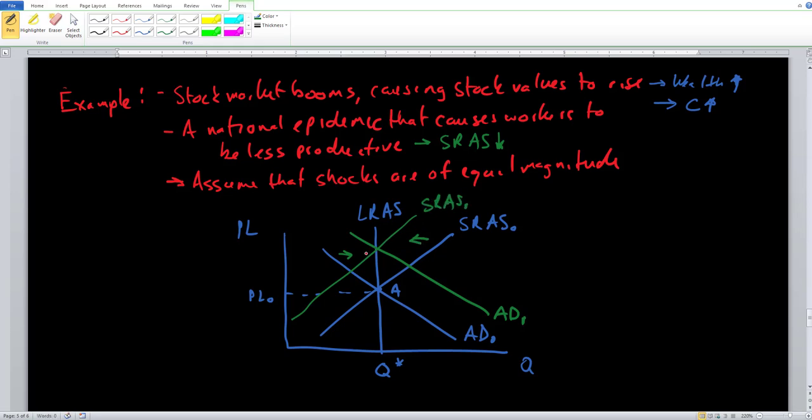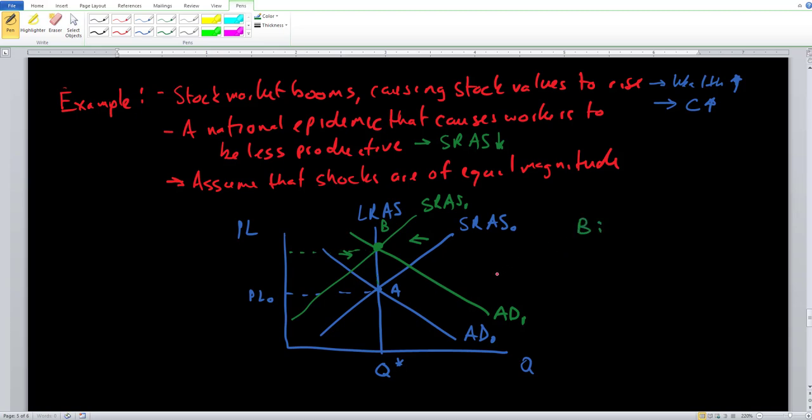SRAS1. And where is our new intersection going to lie when both of these shifts happen at the same exact time? Our new intersection point is going to be where these green lines and this blue line meet, so SRAS1, AD1, the curve that we just drew out, and the LRAS curve, and that's going to be our point B. What can we know for sure at point B?